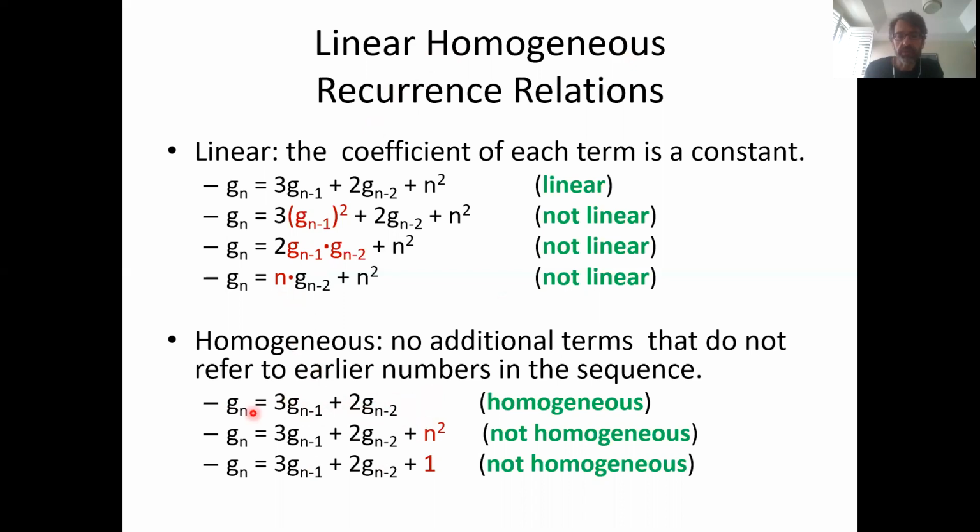So this recurrence relation is homogeneous, and these two are not. Like these are basically somehow shifted by some term that is not a recursive term. Okay, and just to cut to the chase, we will talk about how to solve these types.